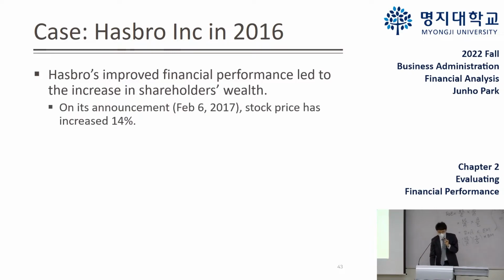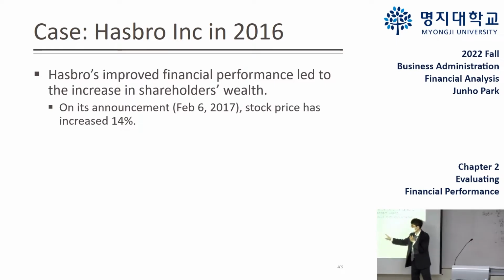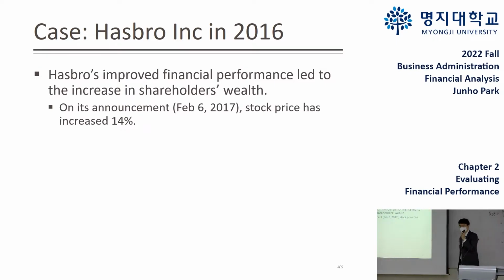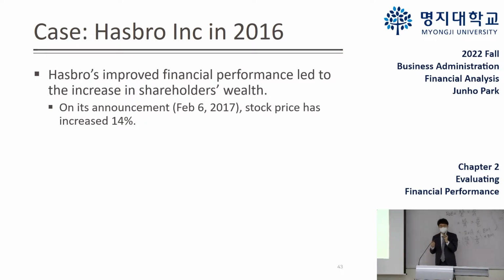They announced the financial statements on February 6, 2017, and on the same day, the stock price of Hasbro increased 14%, because investors thought that Hasbro is doing well, so they had some willingness to purchase this stock.